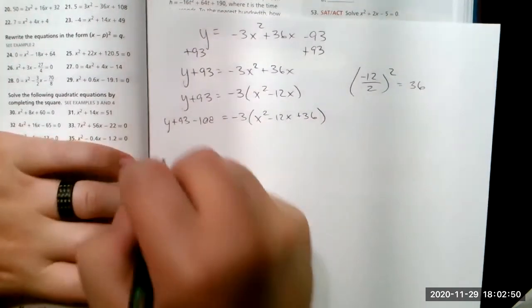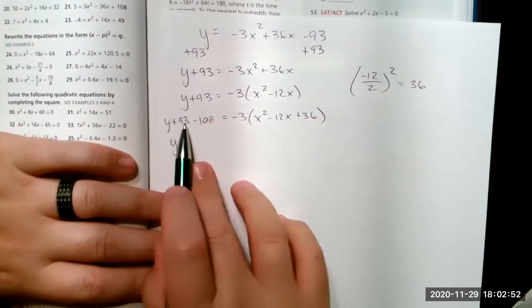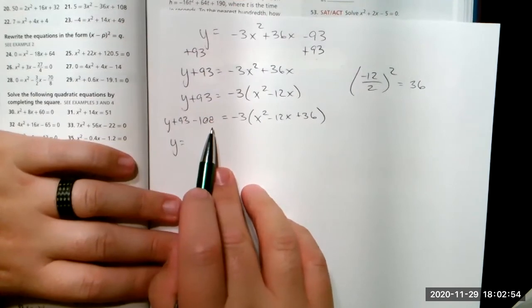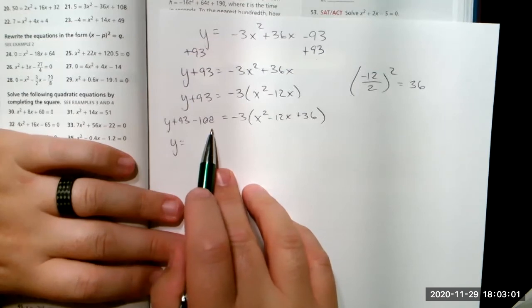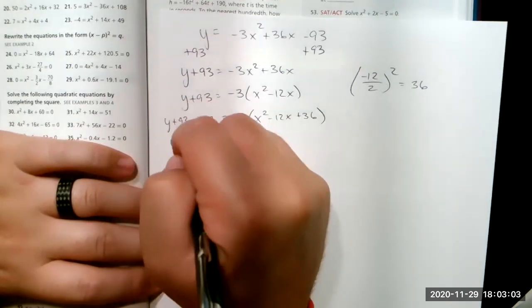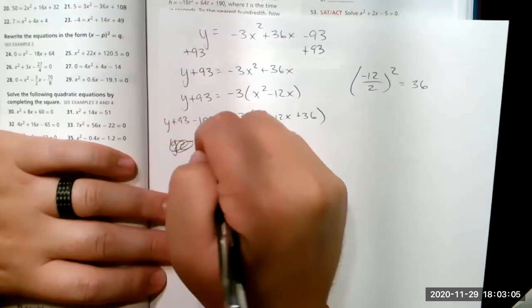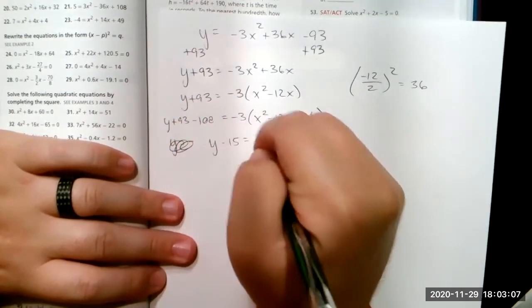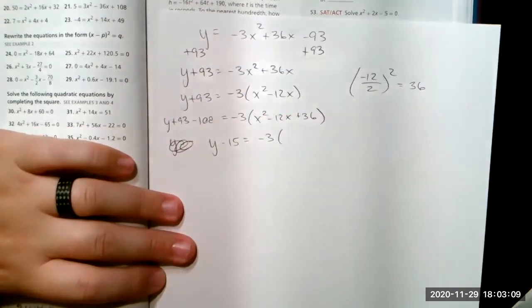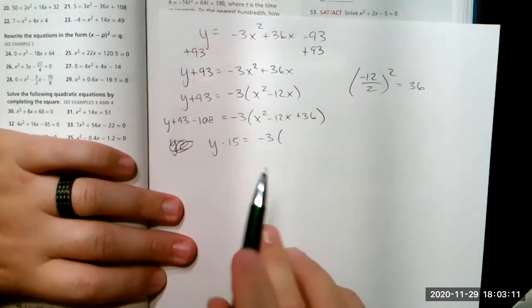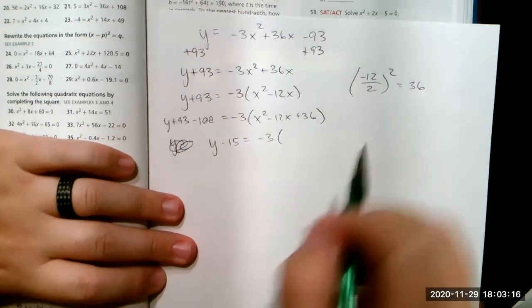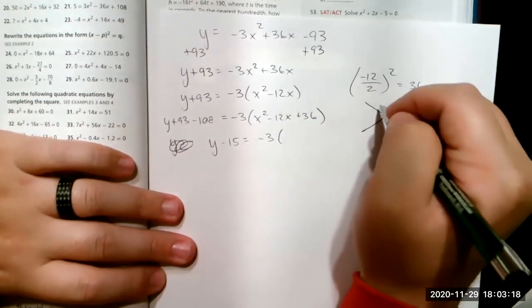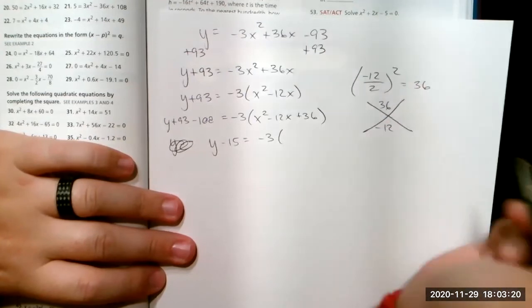Here's the part where we can complete the square. Let's clean up the left side. 93 minus 108 is going to be negative 15. Negative 3 still on the outside. And then on the inside, if I factor this, so a times c goes at the top, b goes at the bottom.